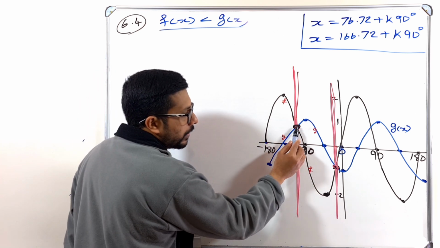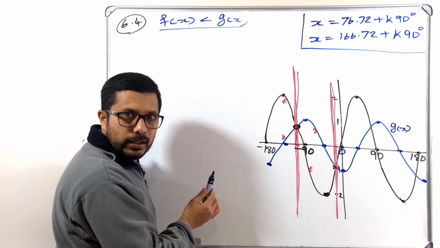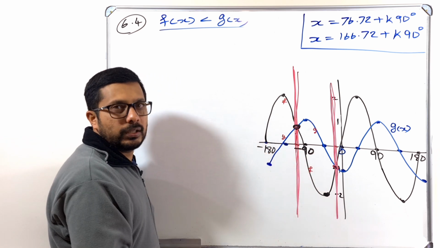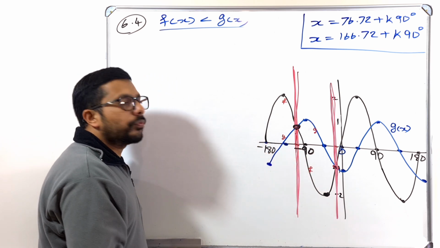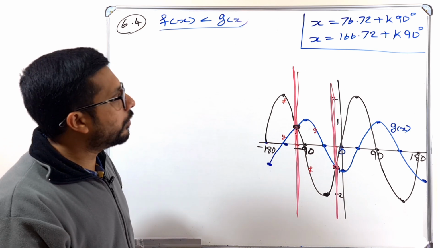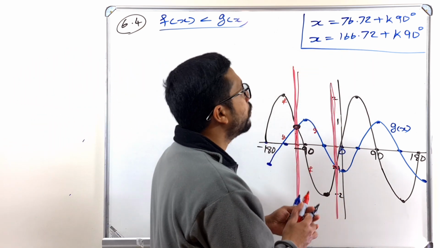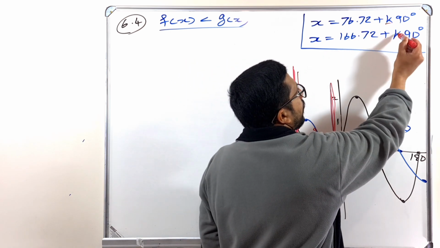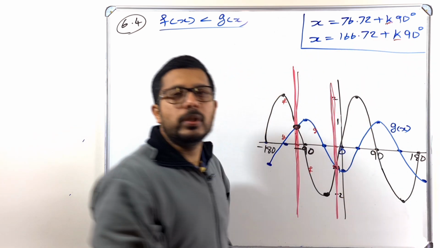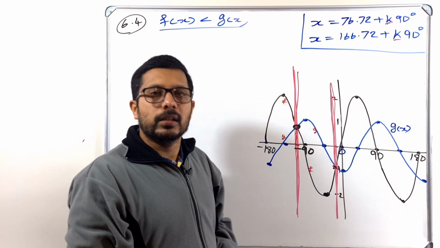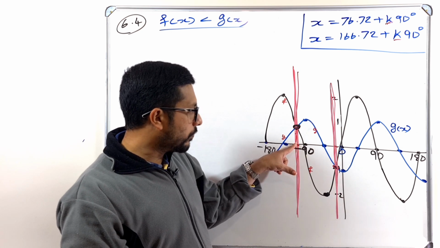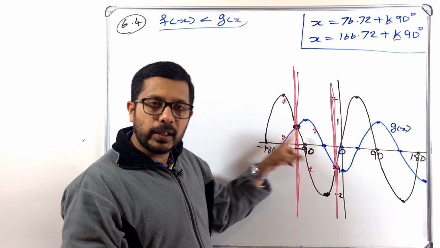Anyway, it is just after that minus 90. Okay, so we have to find the exact value. For that, we have to substitute different values for this k, then try to find an x value just after minus 90.